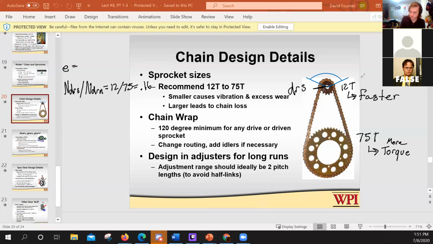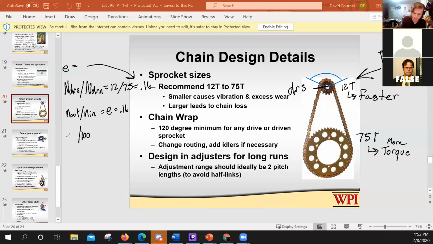All right, and then let's do speed. So let's say the speed of our driver is 100 RPM. Okay. So we can go ahead and say speed out divided by speed in is equal to E, which is equal to this over here, 0.16, right? So our speed in is 100 RPM.